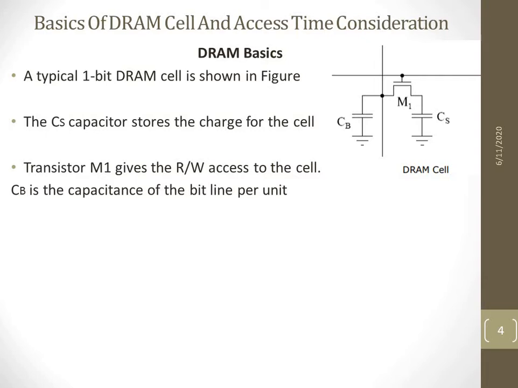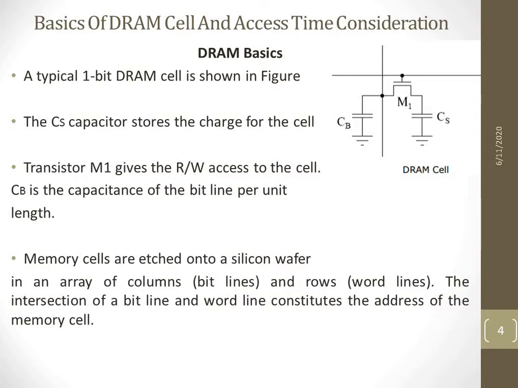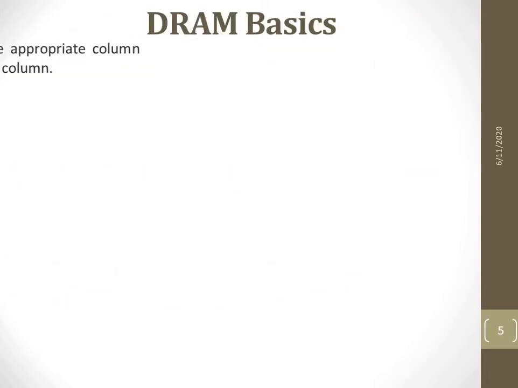We know the word line is the horizontal line and the vertical line which you see here is the bit line. Memory cells are etched onto a silicon wafer in an array of columns, bit lines, and rows, that is word lines. The intersection of a bit line and word line constitutes the address of the memory cell.